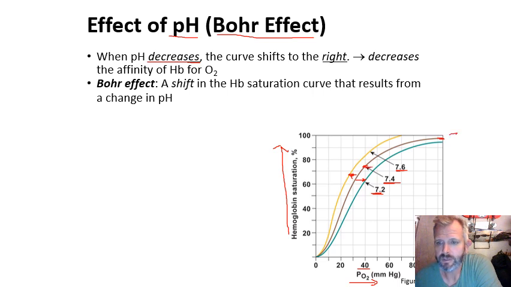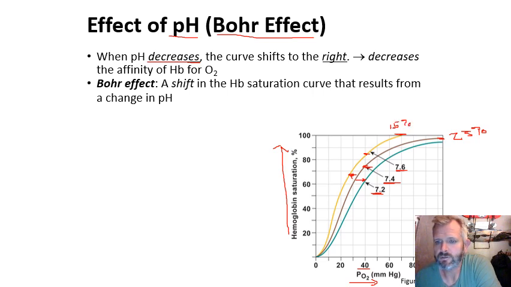So we got about 23% of unloading of oxygen. Let's look at our 7.6. At 100, we're all the way up at 100% saturation. And where are we when we get to 40? We're at roughly 85. So let's say there's an unloading of about 15%.